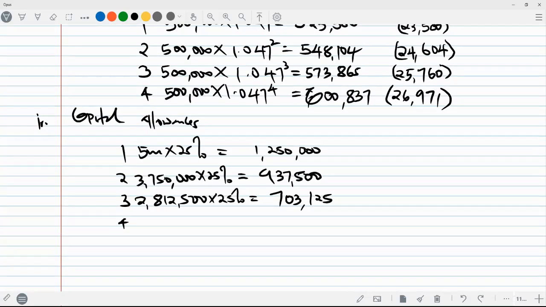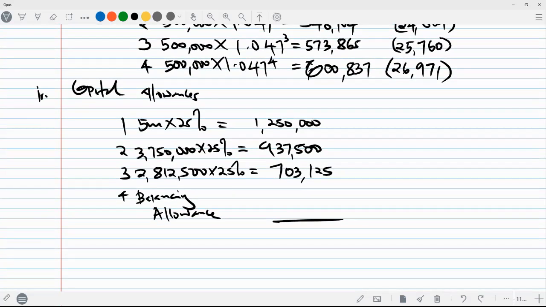Then year 4 is the final year. Therefore, in the final year we claim a balancing allowance. The balancing allowance here is the cost of the asset minus anything that you got back from the sale. The scrap value will be told to us as 5% of the initial cost.